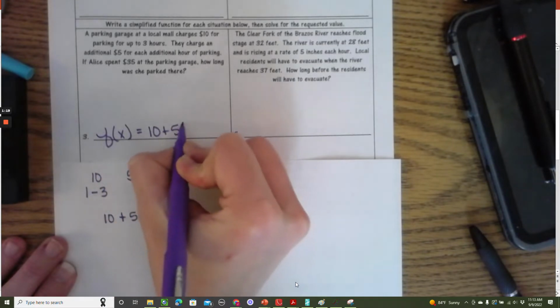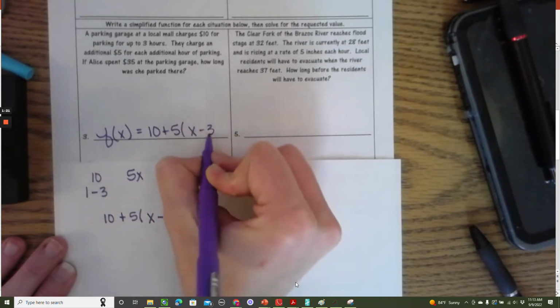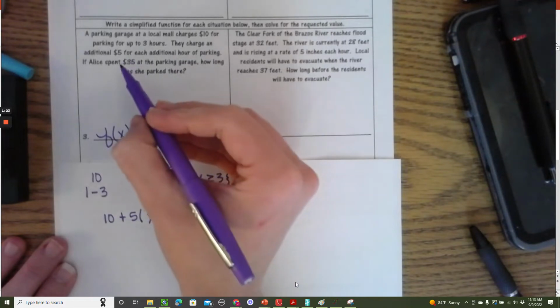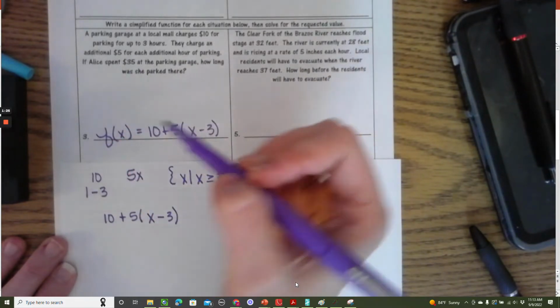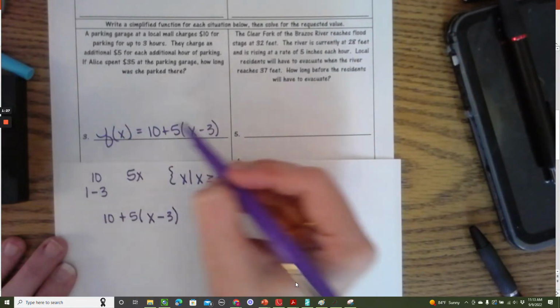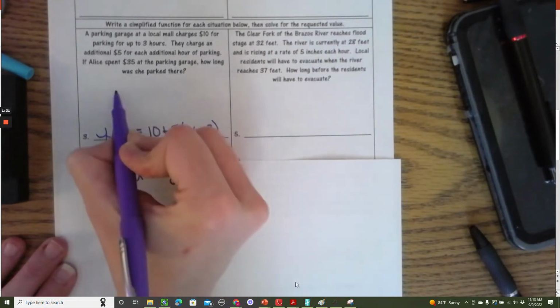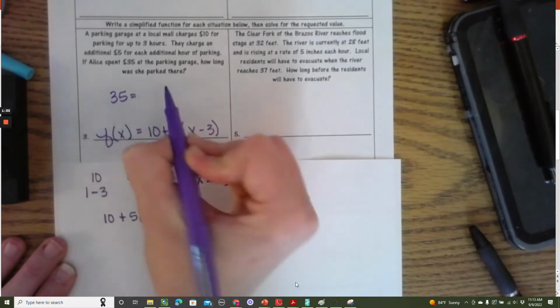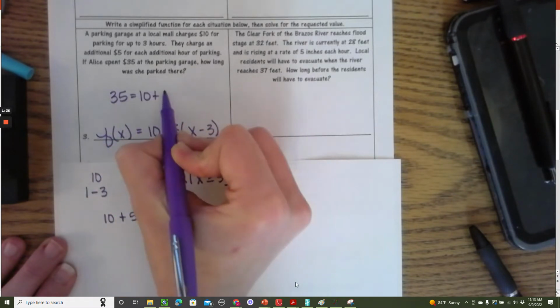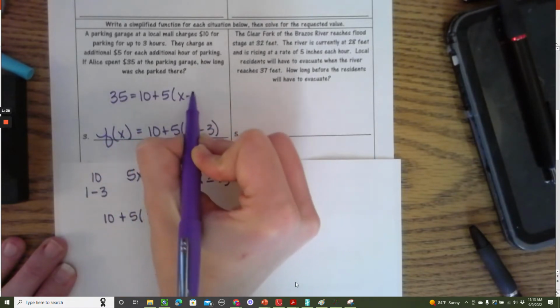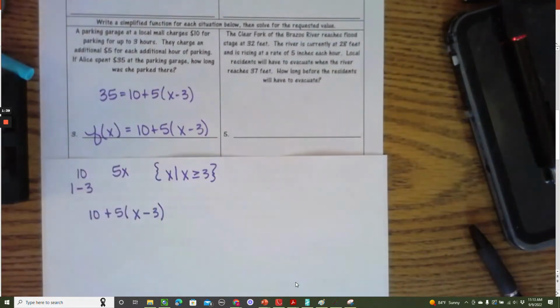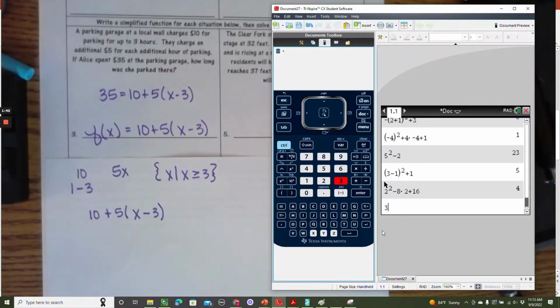Now, if it wants to know how many hours she spent there, if she spent $35, would I plug that 35 in for f of x or x? F of x. So I'm actually going to do this one for you and give you a free answer. All right, so just a solving equations reminder.